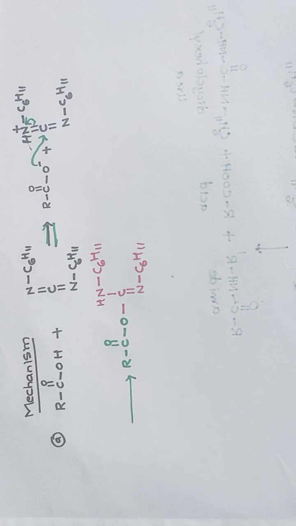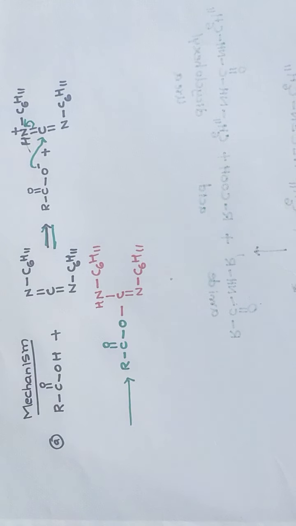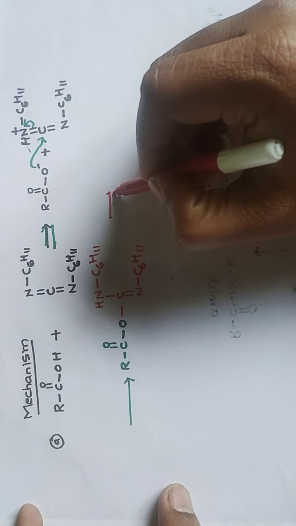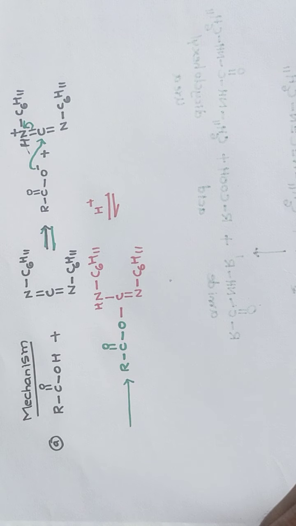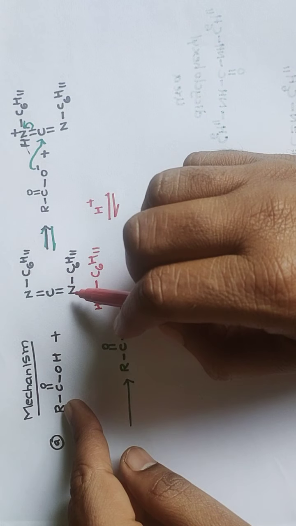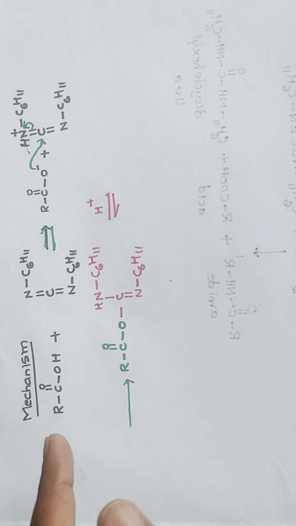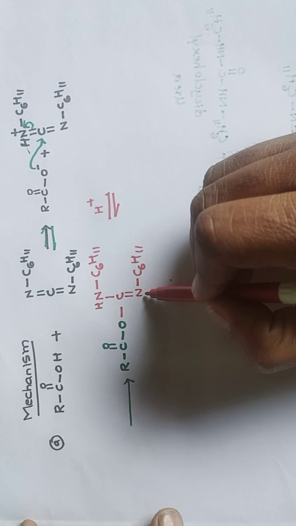Okay. Now, next what happens is, another molecule of acid will be involved here. So that also releases an H plus. So one molecule of acid is involved here, it has released H plus, that is protonated here, and this has attacked the carbon now. So the other molecule of acid that is present also will release one H plus, and that H plus will protonate this nitrogen.